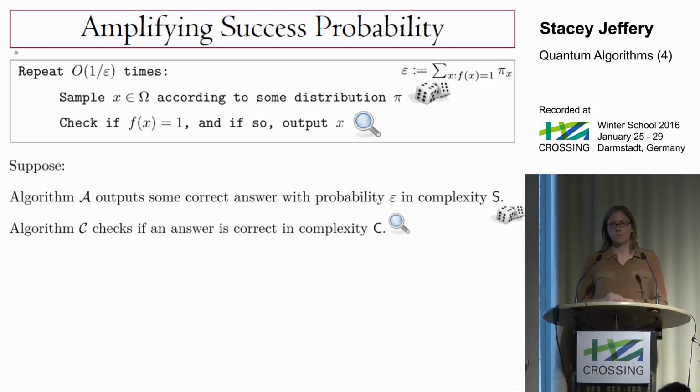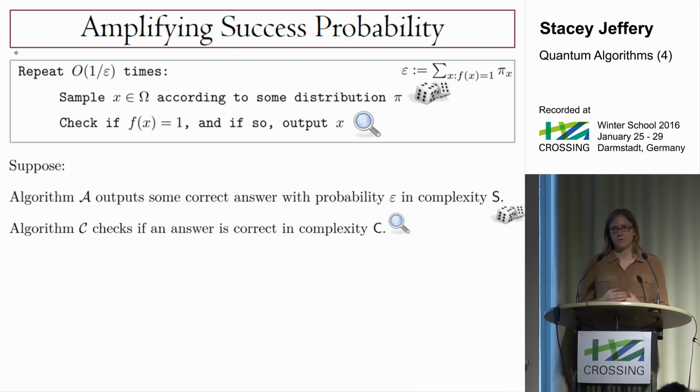So when this algorithm fails, you know. In that case, we can imagine that the algorithm's output is like a sample, which is a correct answer, which we consider as being marked, with probability epsilon.